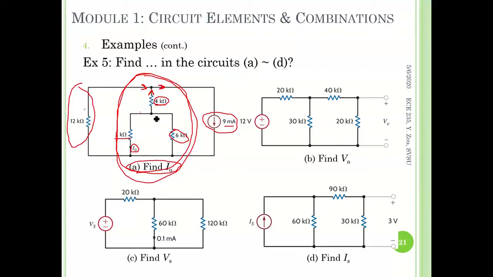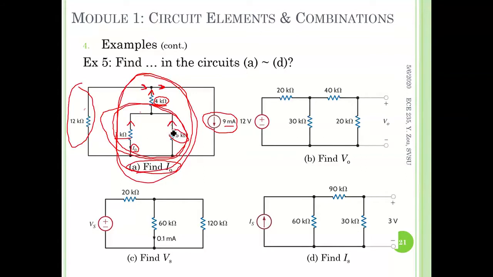Due to that, you can see the 4K current is actually the sum of the currents through 3K and 6K, which is the second current divider here. And the 3K current, for the same reason, is upward. So is the current direction of 6K.